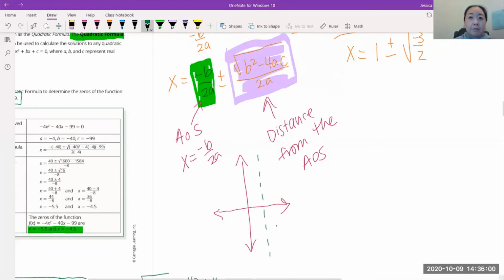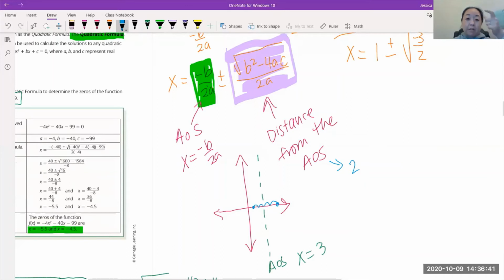This is our axis of symmetry, AOS. If my AOS is equal to, let's say, 3, and the distance from the AOS to the roots is 2, then we go 2 from the AOS to the right, that's the plus part, and 2 to the left, 1, 2, that's the minus part.